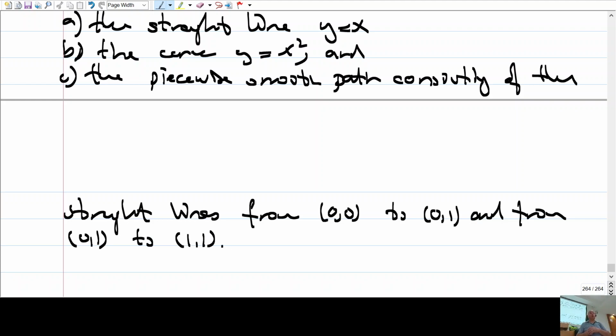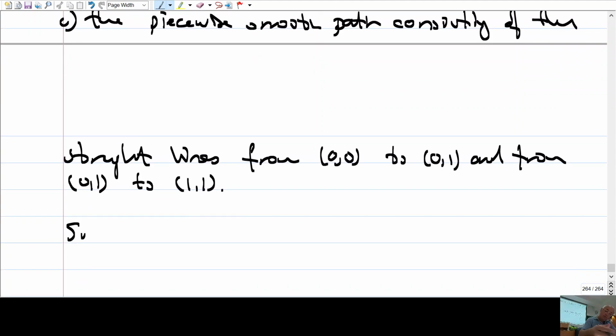So we are asked to compute actually three different line integrals. Okay. Solution.